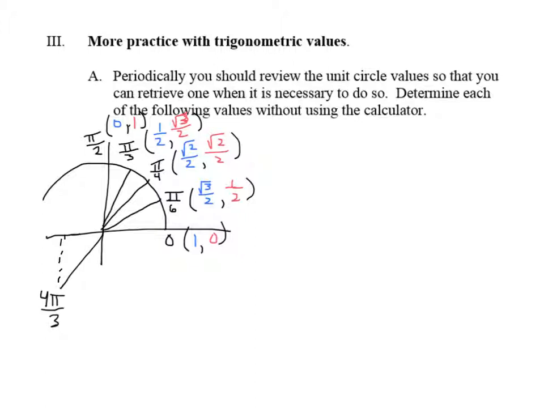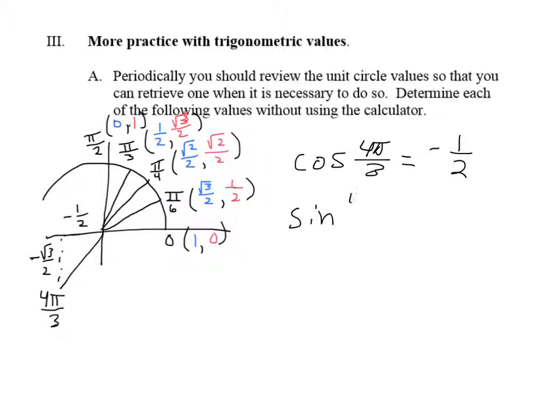So looks to me like with the symmetry of the circle, I would have negative 1/2 for the x-coordinate and negative root 3 over 2 for the y-coordinate. Therefore, the cosine of 4 pi over 3 is simply negative 1/2, the x-coordinate, and the sine of 4 pi over 3 is negative root 3 over 2.